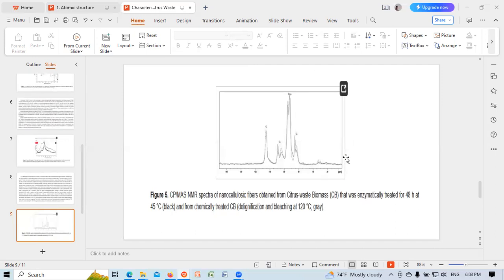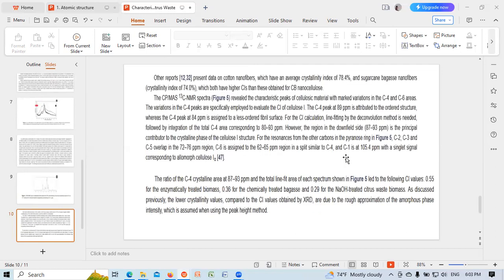This is the NMR of nanocellulosic fibers from citrus waste biomass. C13 NMR reveals the vibrations in the C4 and C6 areas, with the C4 area especially employed.